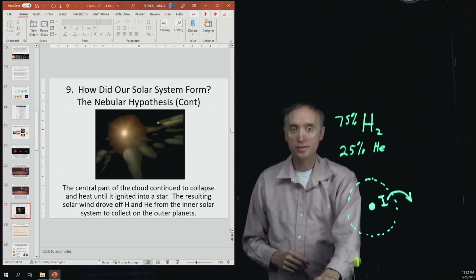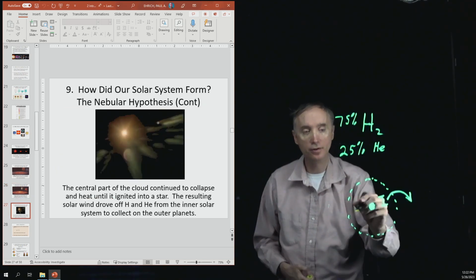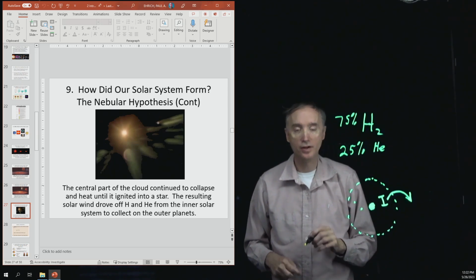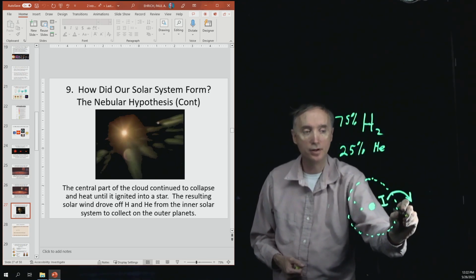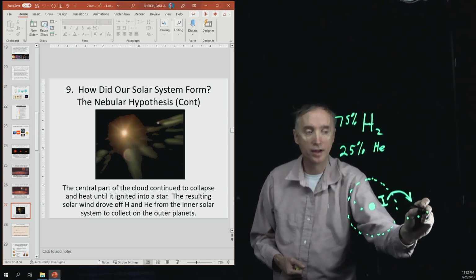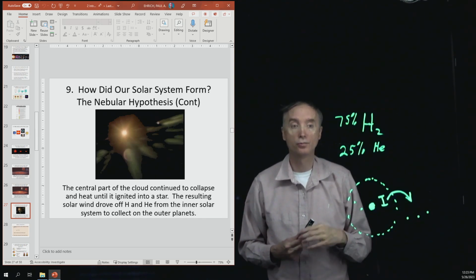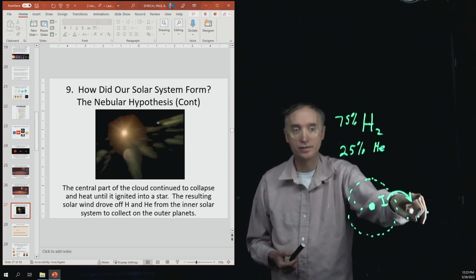Now, the next thing that's going to happen is you have your inner planets. So this is like Mercury and Venus, Earth, and Mars, which are going to be composed of rock. And then out here, you're also going to have protoplanets that are going to be composed of rock and metal. But out here, you also have ice.